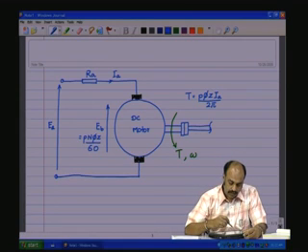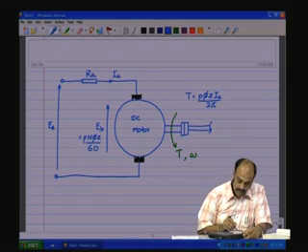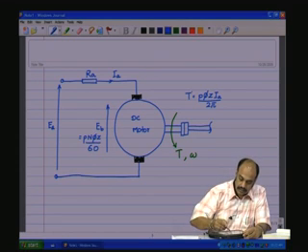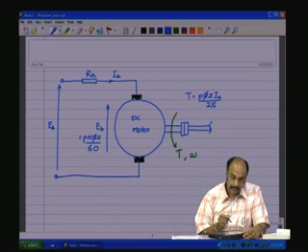So, we see here that the induced EMF is dependent on the speed of the rotation, the torque is dependent on Ia.